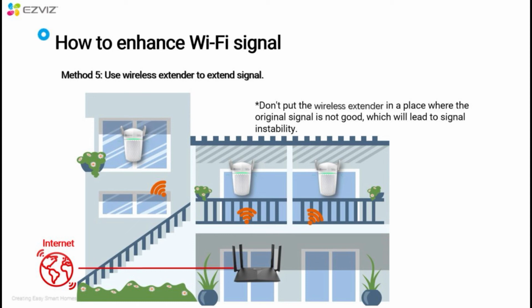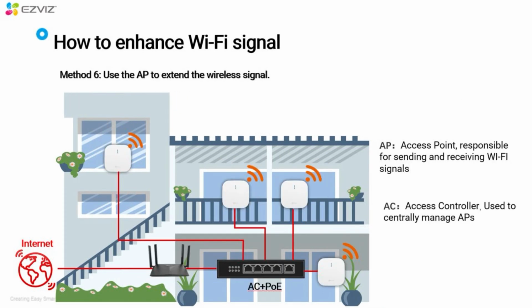So here's a tip about this method. Do not put the wireless extender in a place where the original signal is not good, which will lead to signal instability. The method 6 is to use an AP to extend the wireless signal, which is similar to the previous method of using a wireless extender.